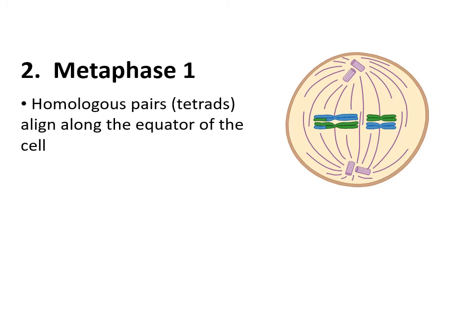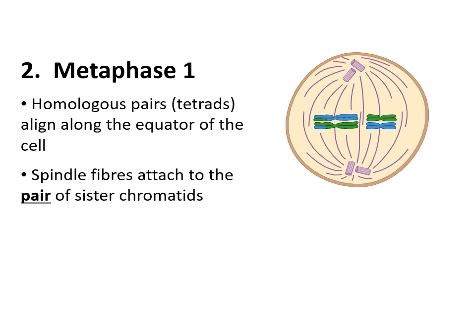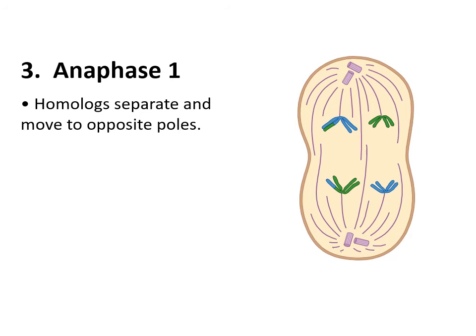So metaphase, once we have had all of this crossing over taking place, is where those chromosomes are going to line up. The homologous pairs are lining up together, and spindle fibers are going to attach to them, attaching to the pair of sister chromatids, and they're actually separating one homologous chromosome away from another homologous chromosome.